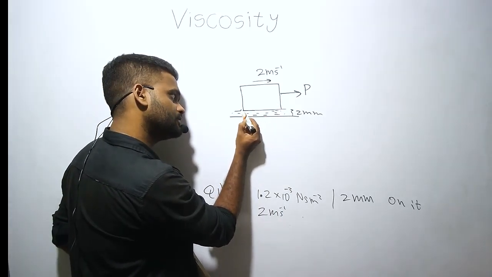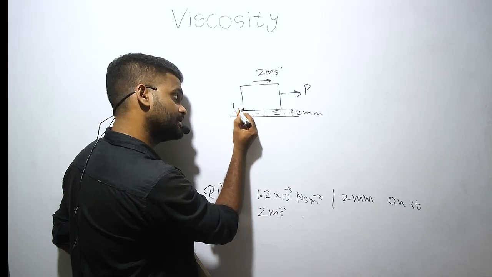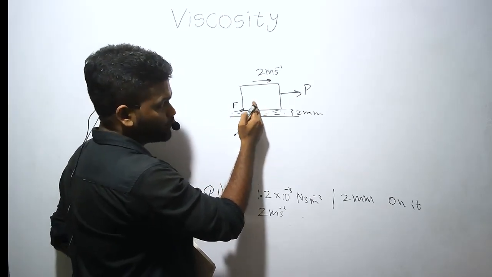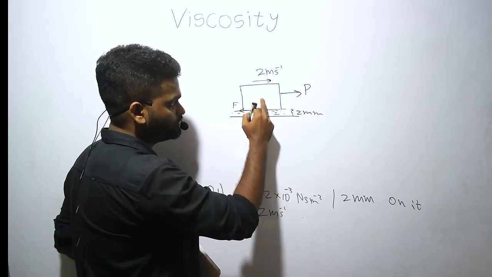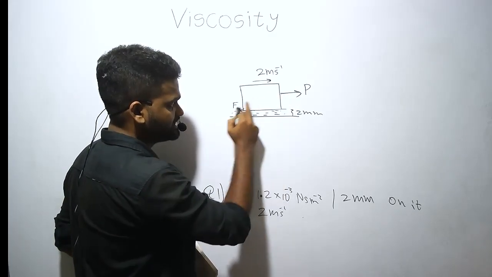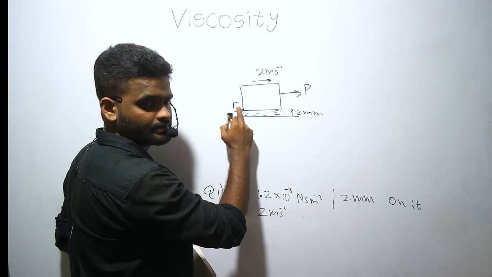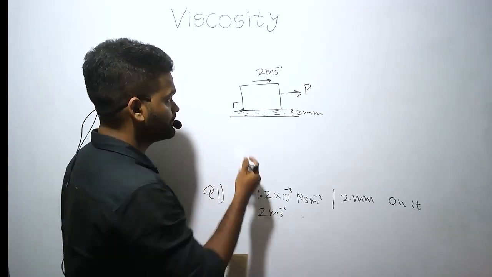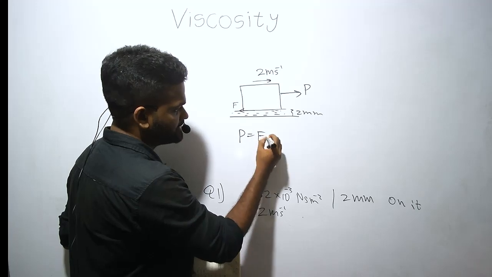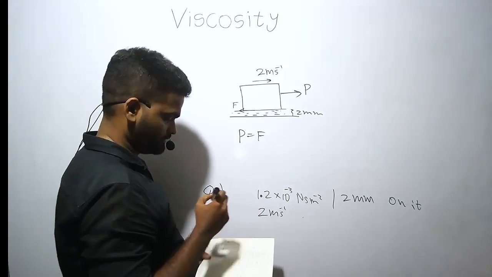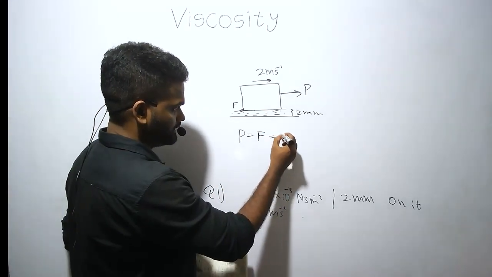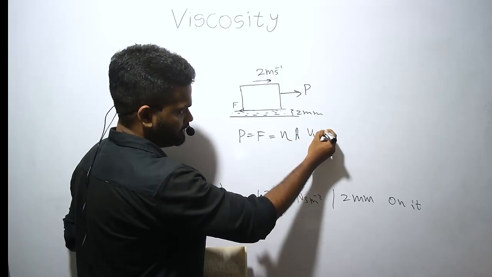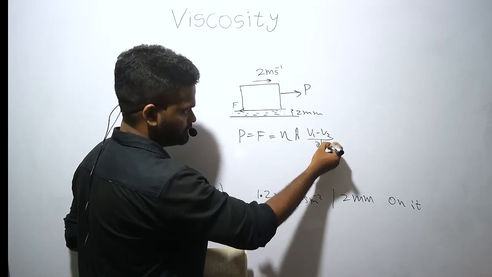That is the viscous force, capital F, acting on the other side. To have a uniform velocity, this P should be equal to F. So if you find F, it means you found P. Then apply the equation. What is the equation? Eta A times V1 minus V2 divided by D.